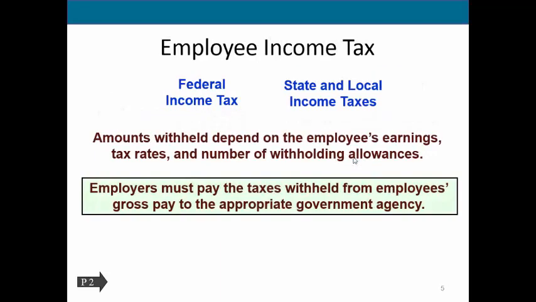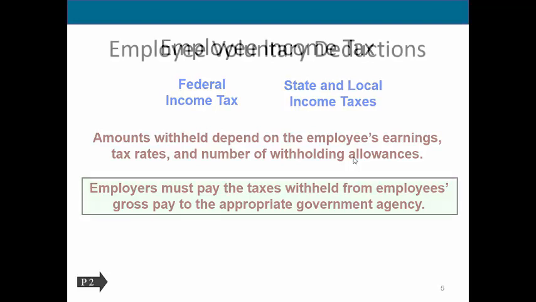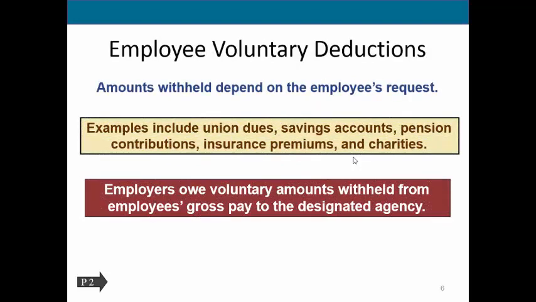We've already talked briefly about income taxes, so these are just amounts that a company withholds on behalf of their employees, and then they'll remit to the appropriate agency. We also talked about voluntary deductions, and these can be things like whether it's certain charities, union dues, premiums, things like that.